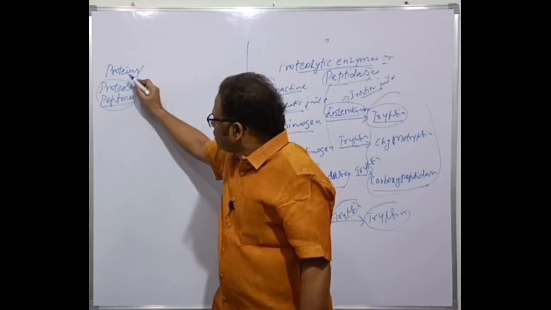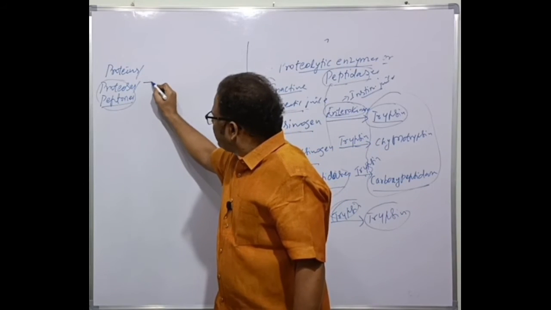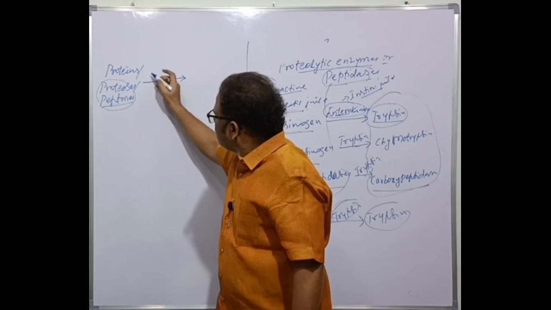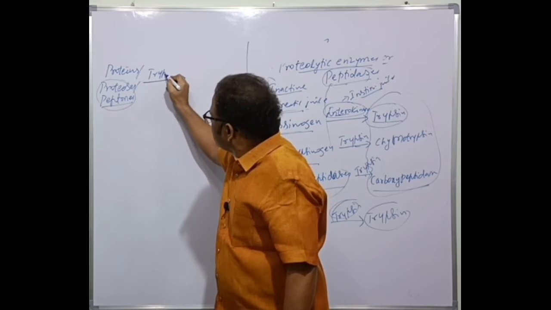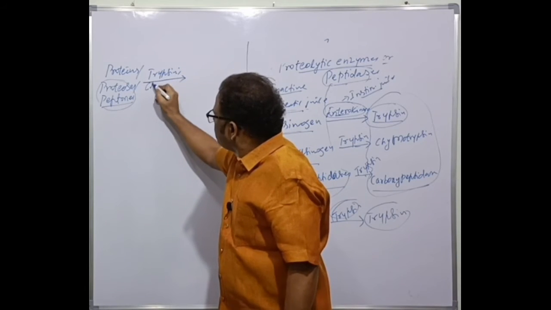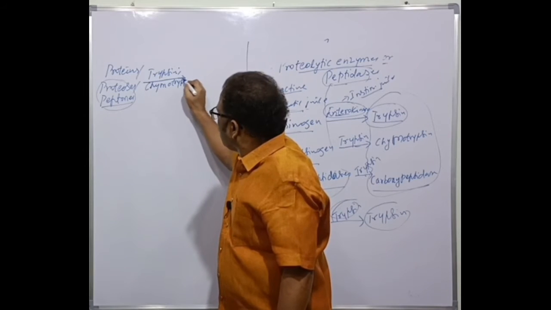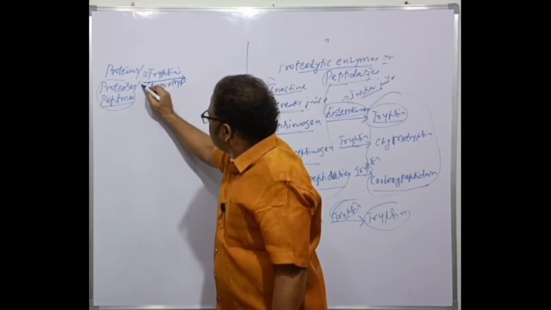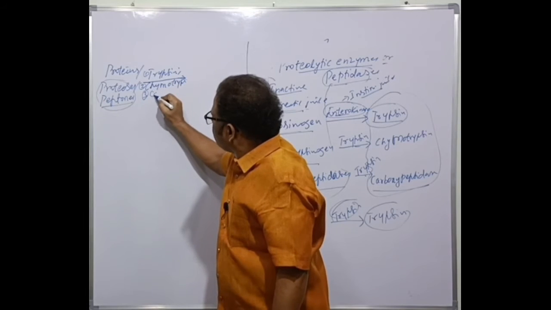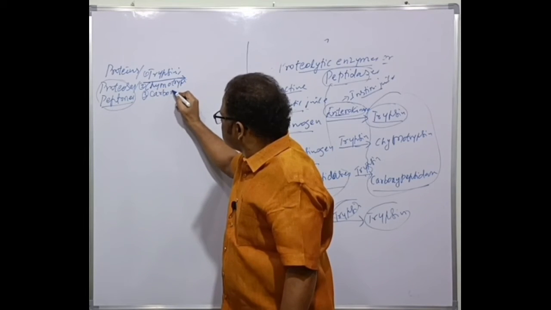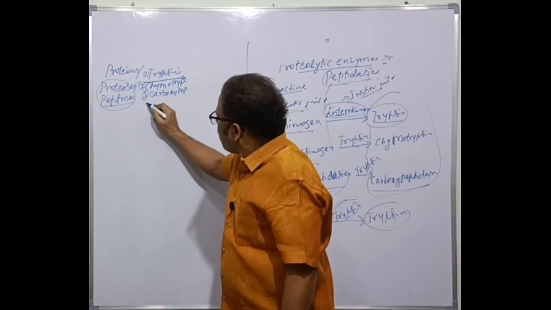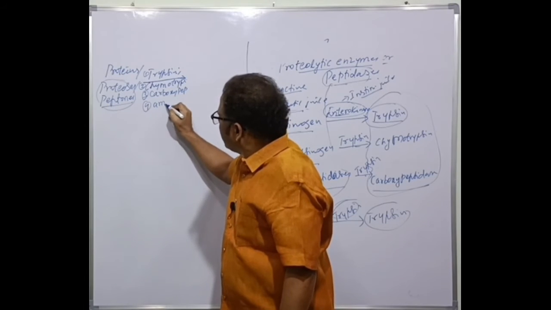So proteins, proteoses and peptones are acted upon by trypsin, chymotrypsin, carboxypeptidases or aminopeptidases.